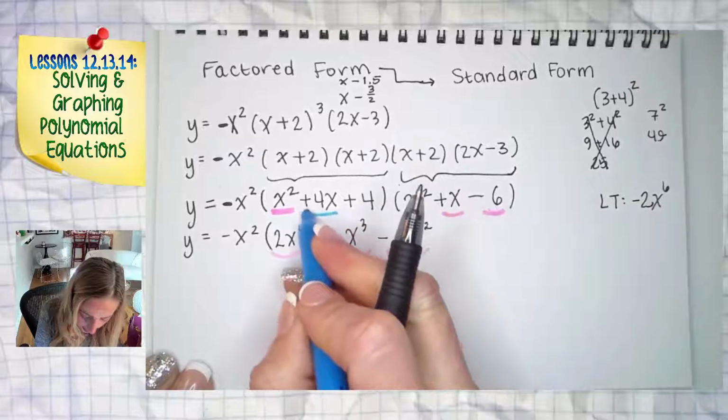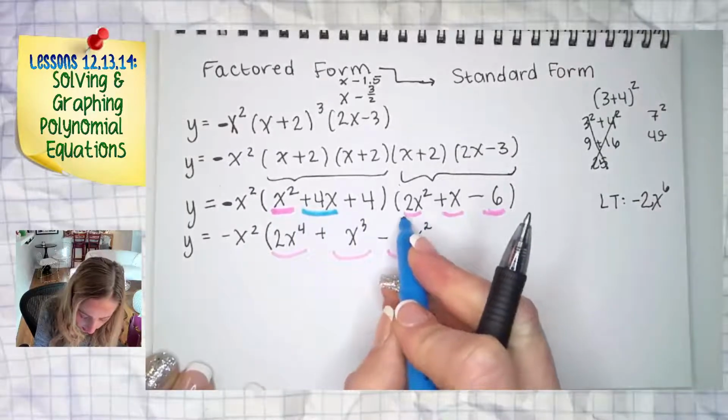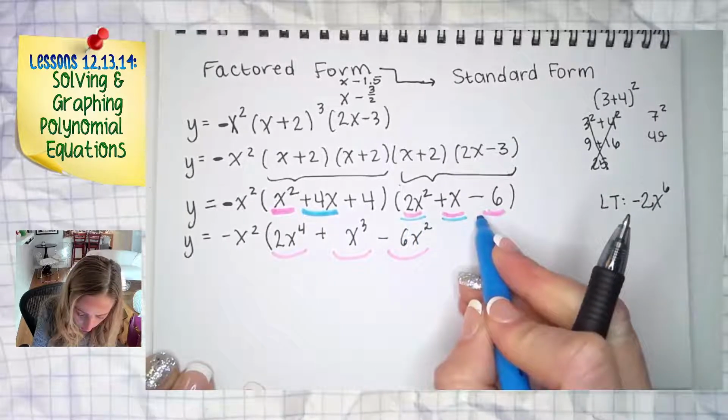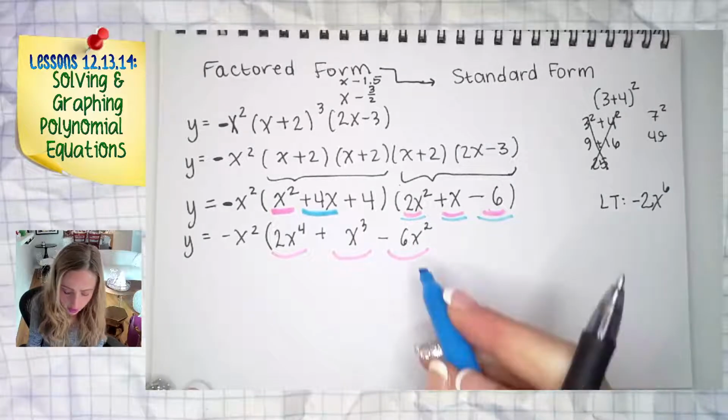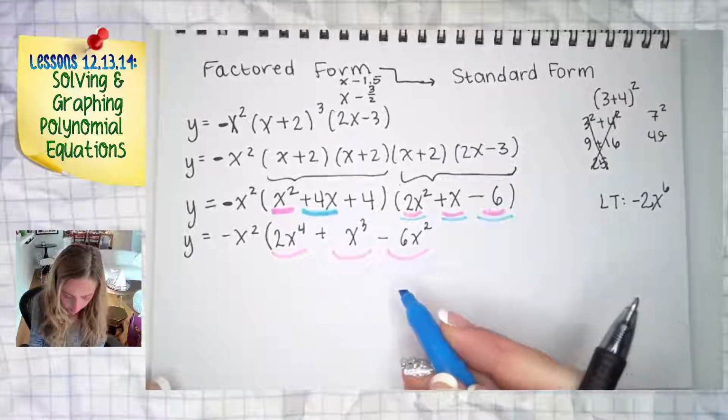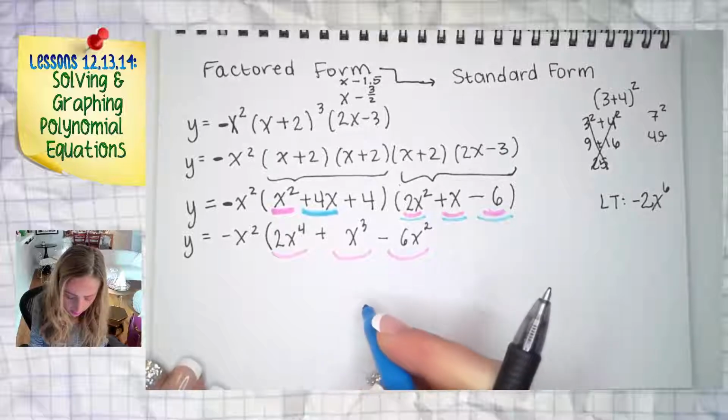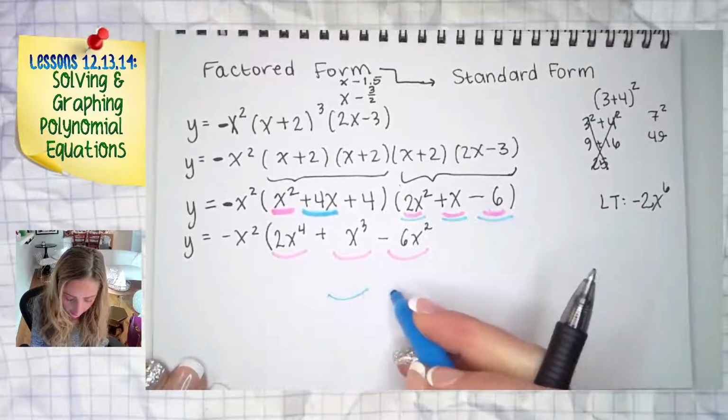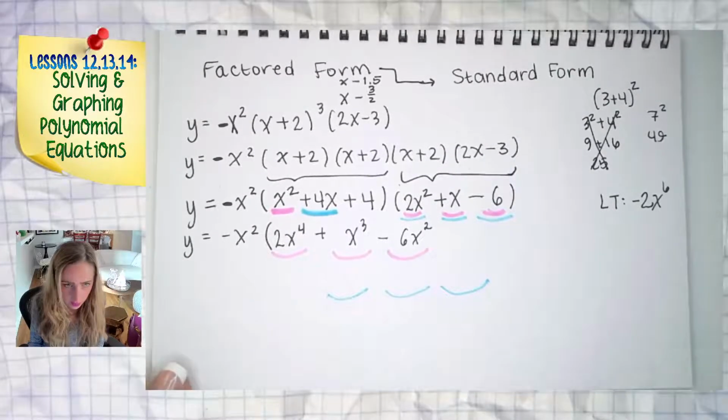I will multiply this, now it's this one's turn, times 1, 2, 3. All 3 things here. And I'm going to get 3 more terms, right? I believe they will line up 1, 2, and 3 over there, if I'm correct.